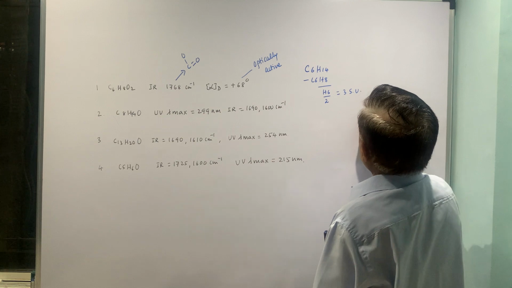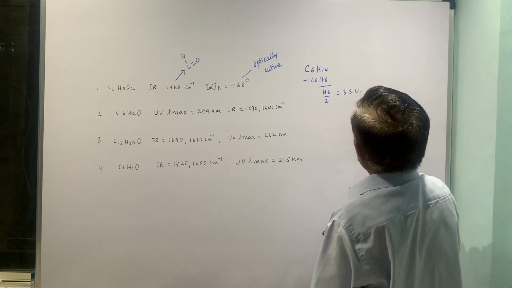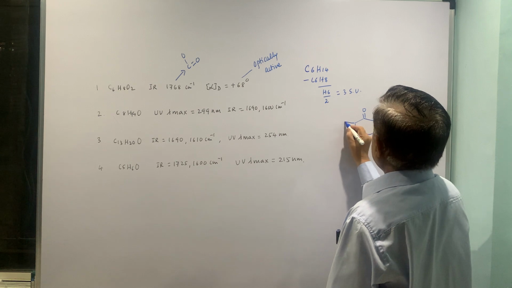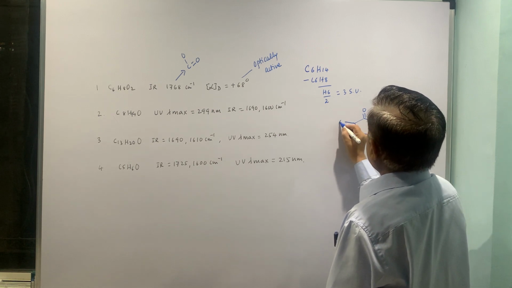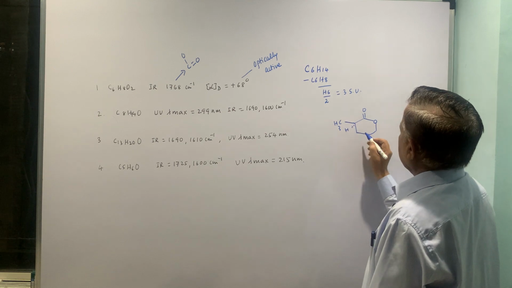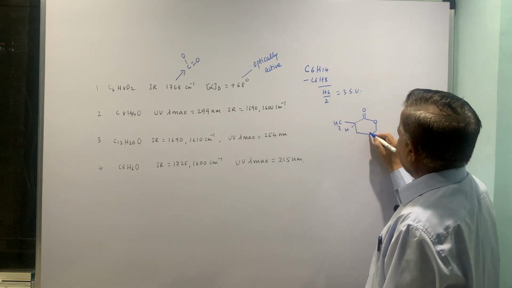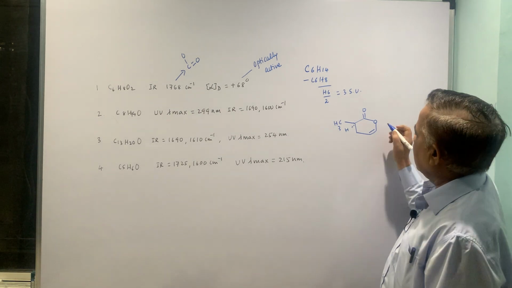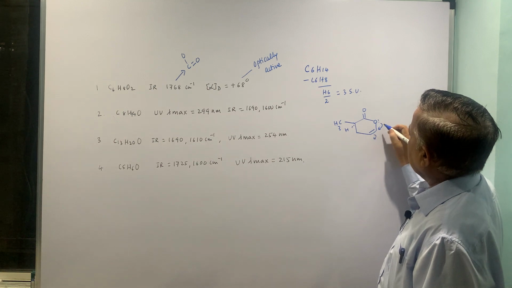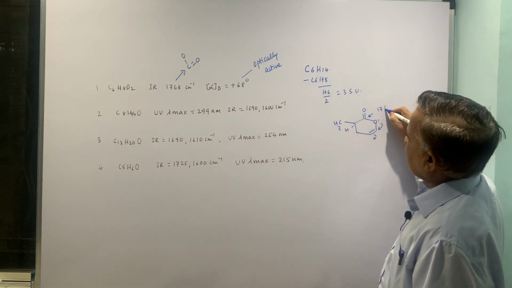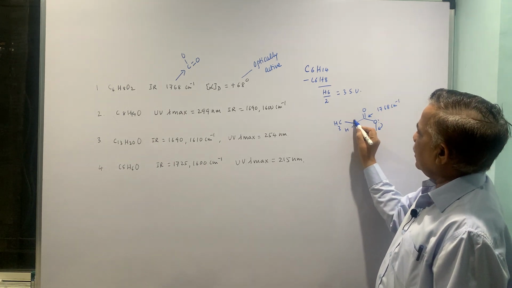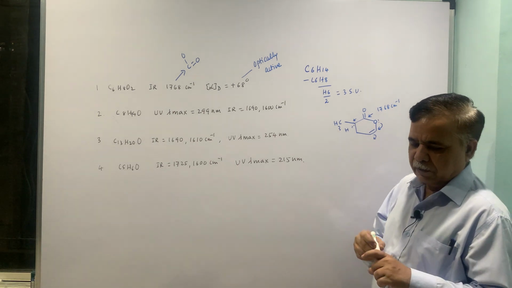So three sites of unsaturation, can think of lactone, one, two, three, four, five, 6 carbons, and then a double bond. The reverse conjugation will take this carbonyl to 1768, and alpha D, this is the chiral center, so that's why alpha D is also there.